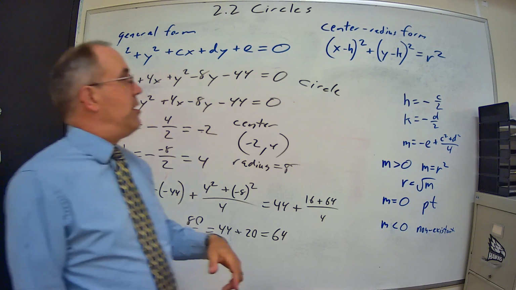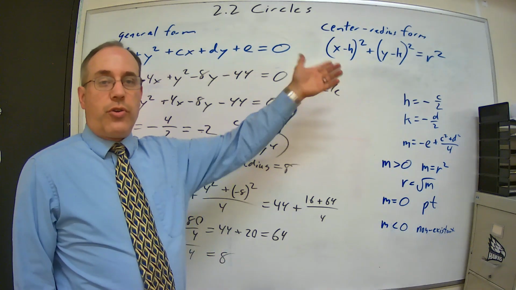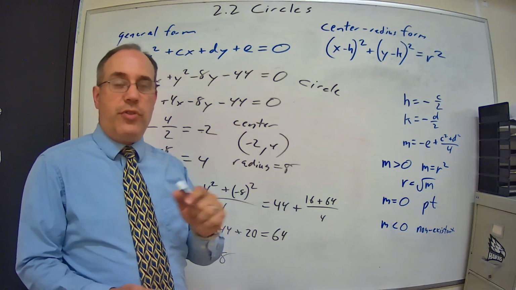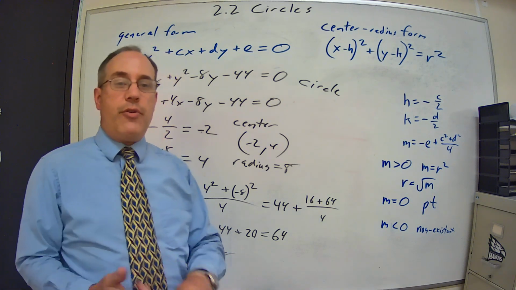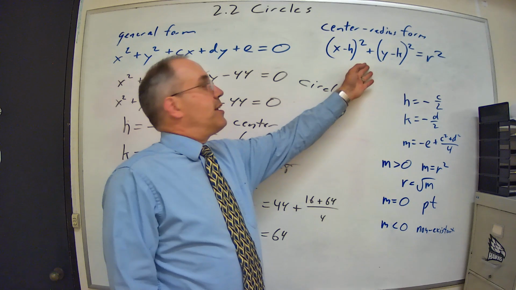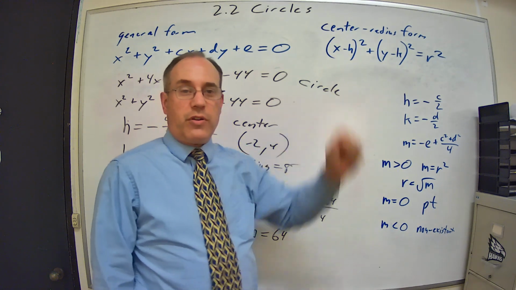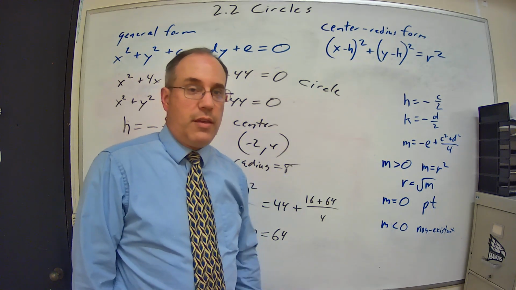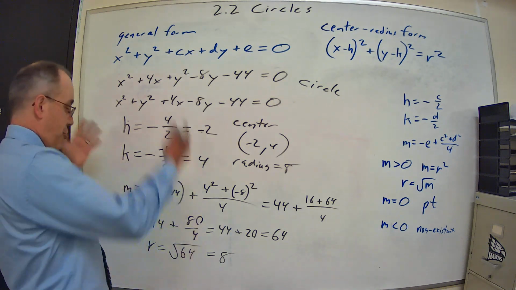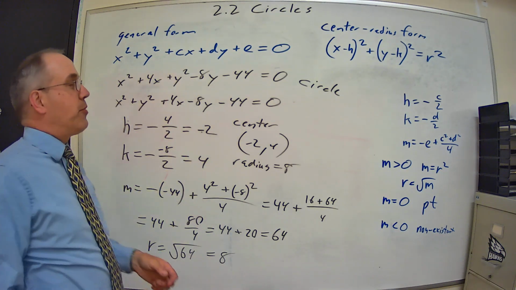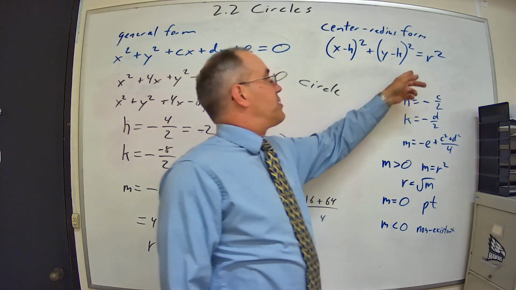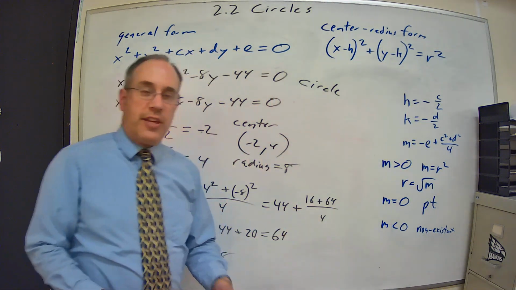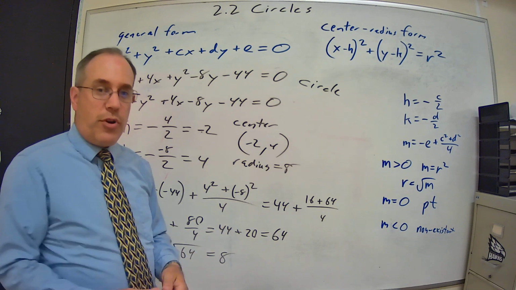So now we've got center radius form, we've got general form. Give me the equation of a circle in either of those, I can give you the center and I can give you the radius. Or if you give me the center and the radius, I can give you the center radius form for the circle. And if I really had to, I could work my way backwards to that too, because it's just a matter of squaring this and doing the calculations to bring it over to the other side.